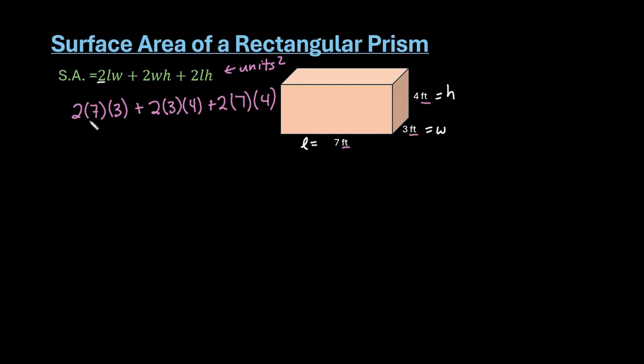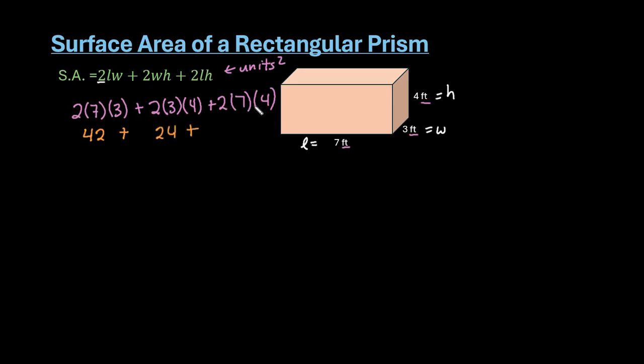Now we would just simplify all of these. If I do 2 times 7 times 3 without a calculator, I would probably do 7 times 3 first, which is 21, times 2 would give me 42. Plus on the next one, 2 times 3 is 6, 6 times 4 is 24.